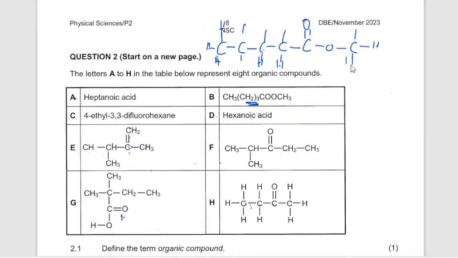You put the hydrogens completely. That's the structural formula they are talking about for compound B.